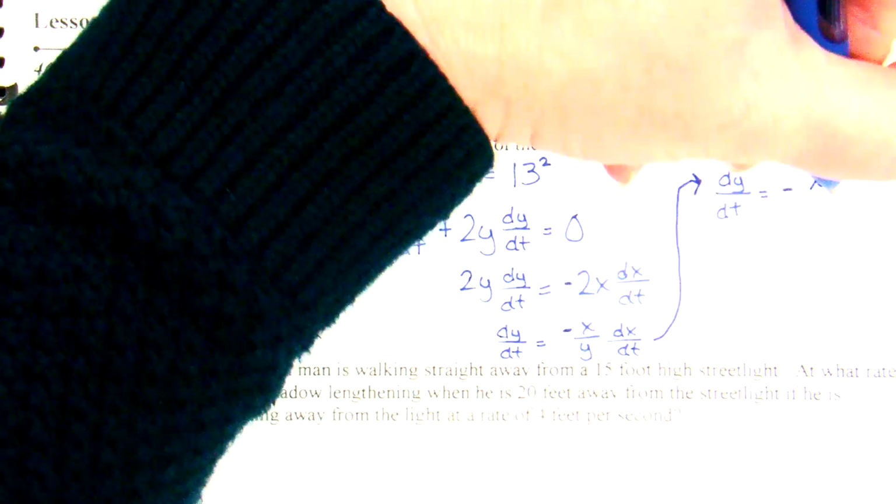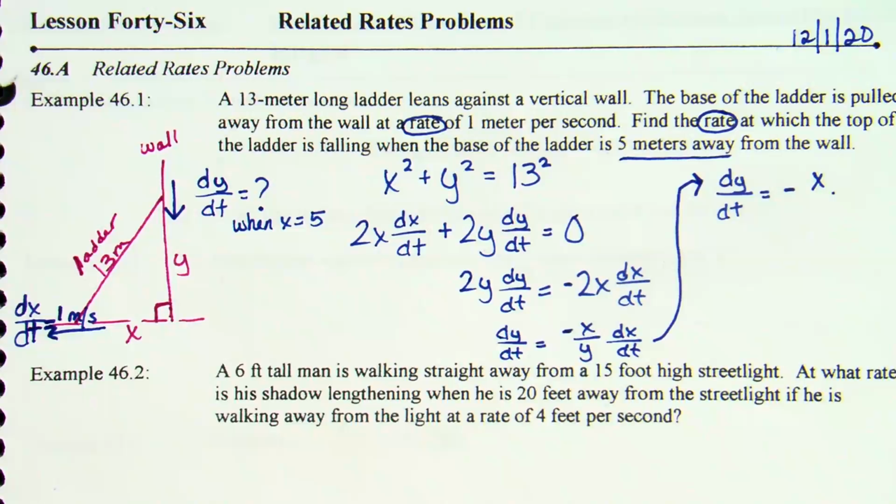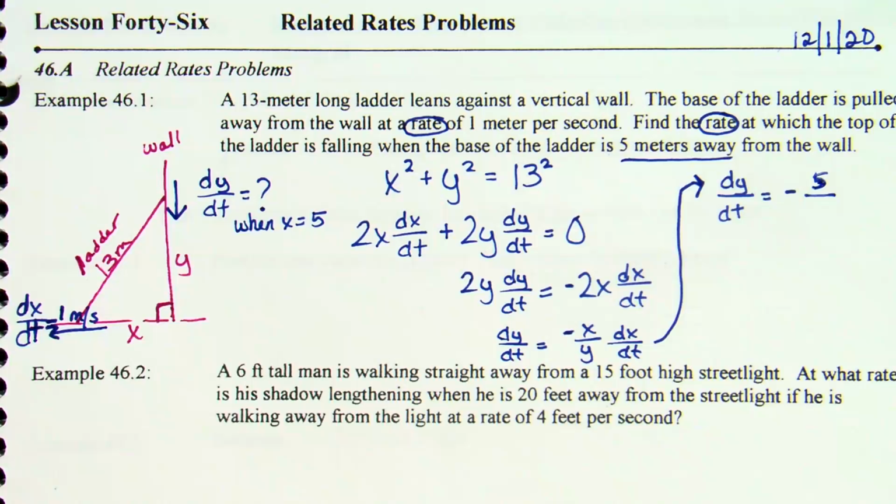So negative of, I really just wrote x. Okay, so negative of 5 over y, we'll come back and talk about y in a moment, times dx/dt.